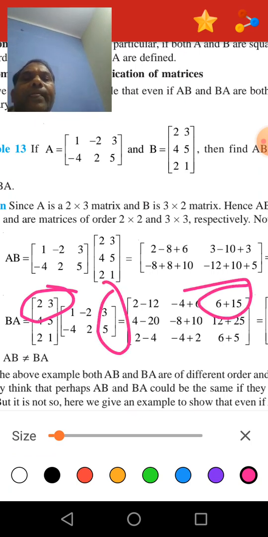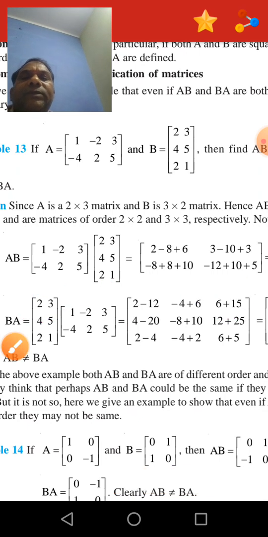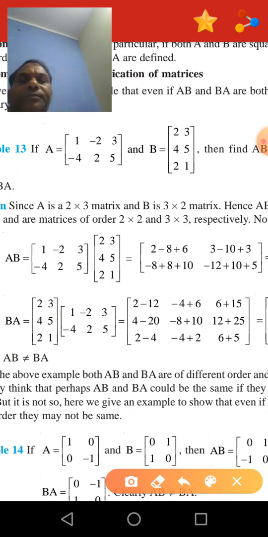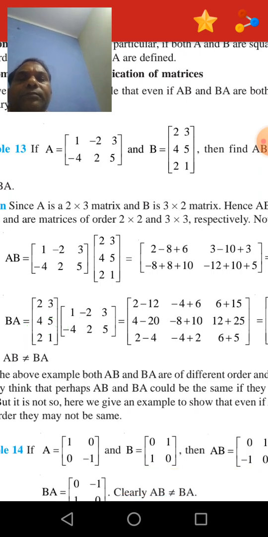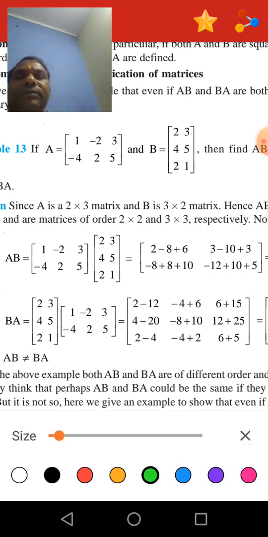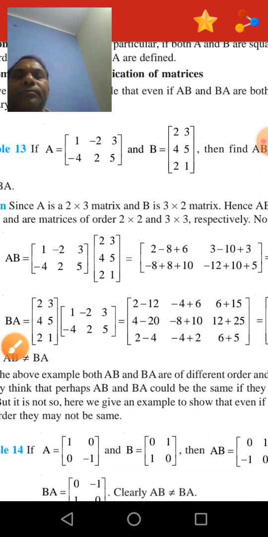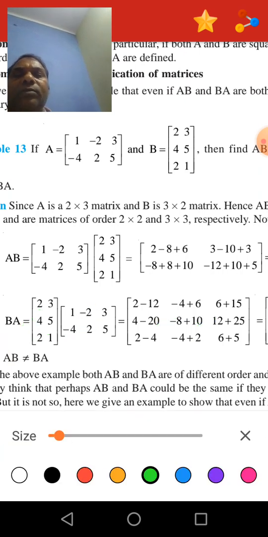Clear? Similarly the second row with the first column, then the second row with the second column, then the second row with the third column.